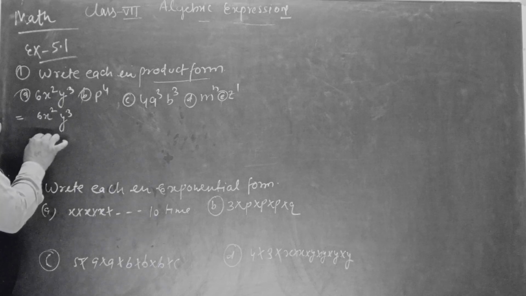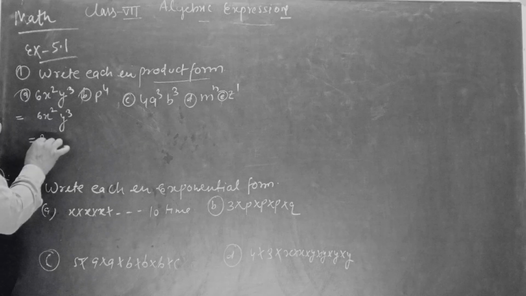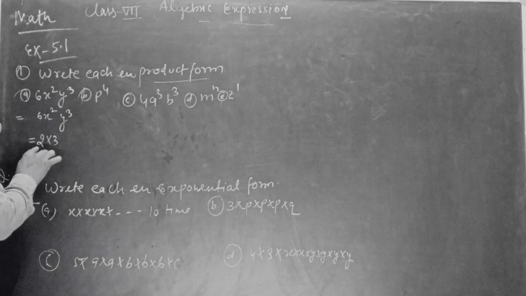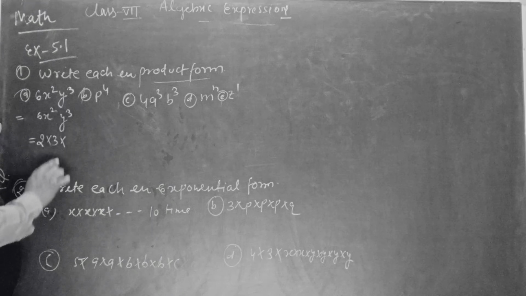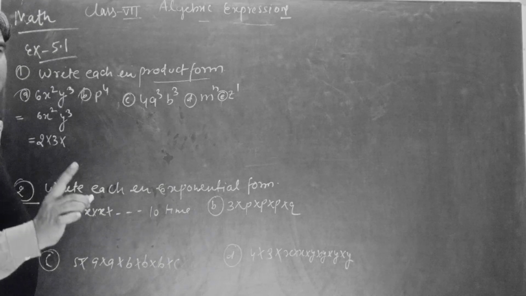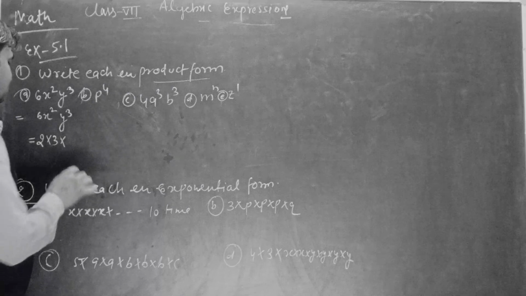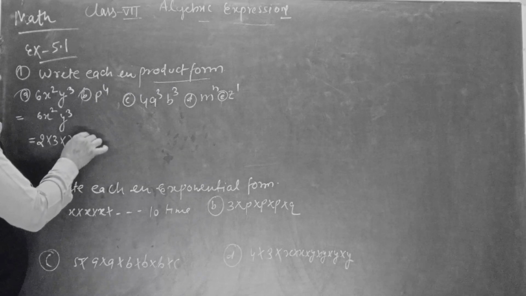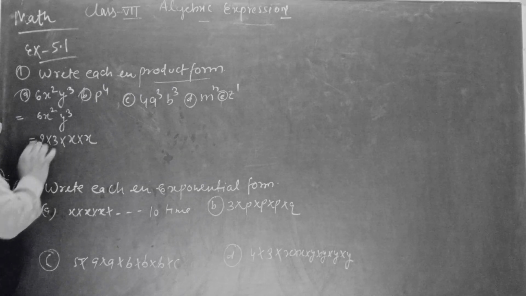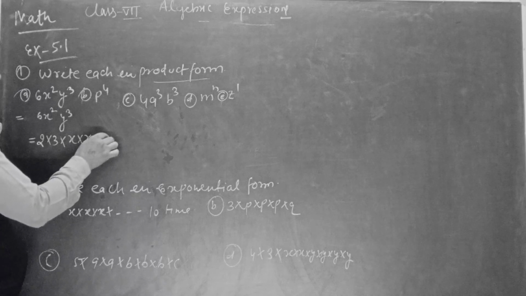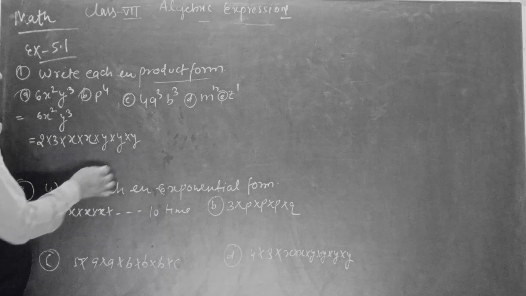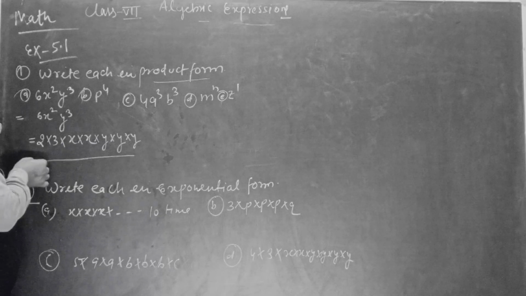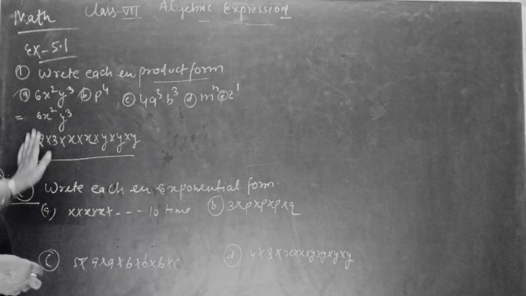Here the factor 6 we can write as 2 multiply 3, and x to the power 2 means we can write x cross x, and the same y to the power 3 means we can write y multiplied by y multiplied by y. So this is the way of writing product form.